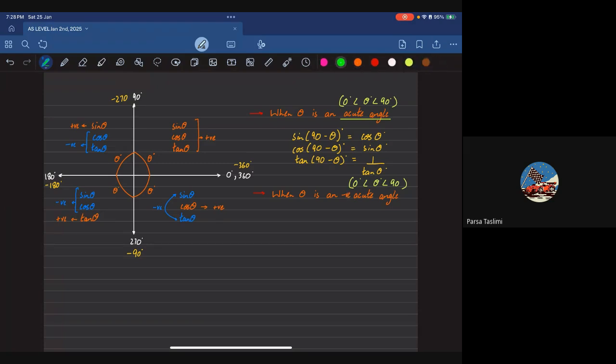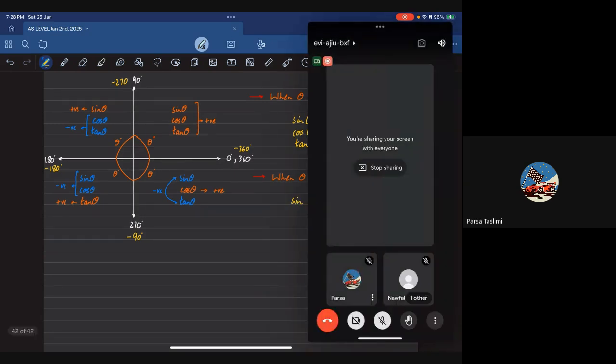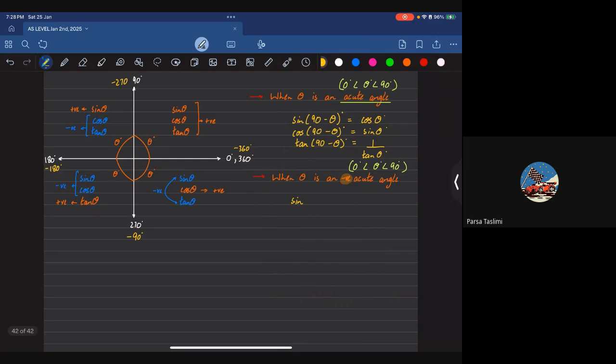When theta is a negative acute angle, if you have sine of negative theta, that is going to be equal to negative sine theta.